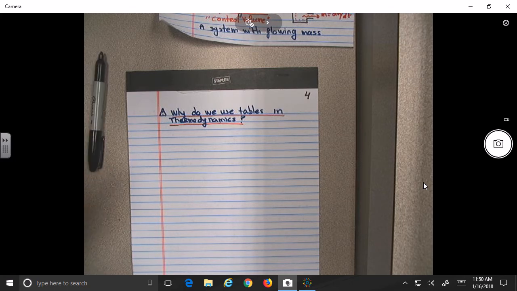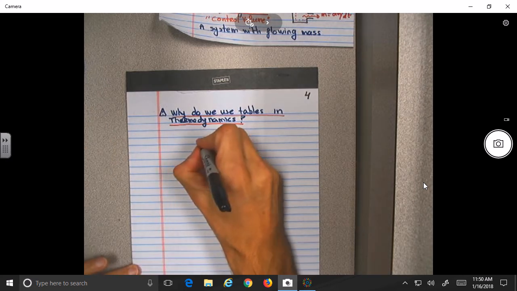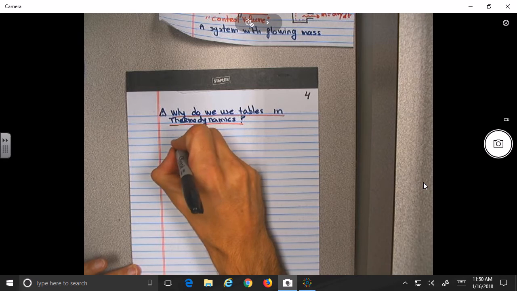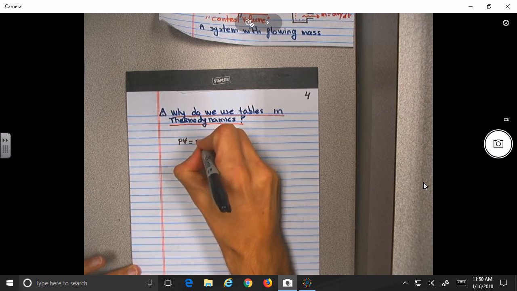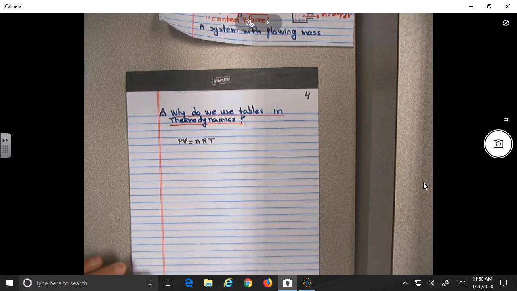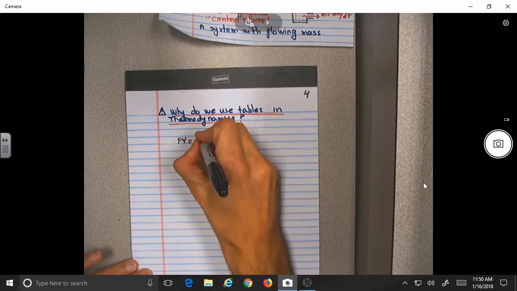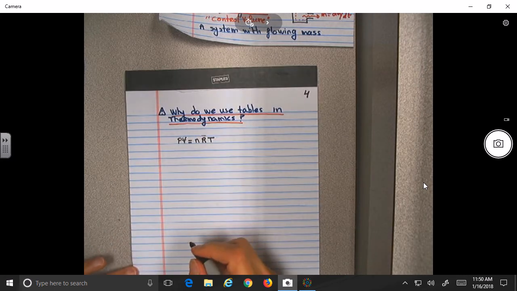You got this one, I don't know, from chemistry or physics. But what is this relation over here? What is that relation? Ideal gas.